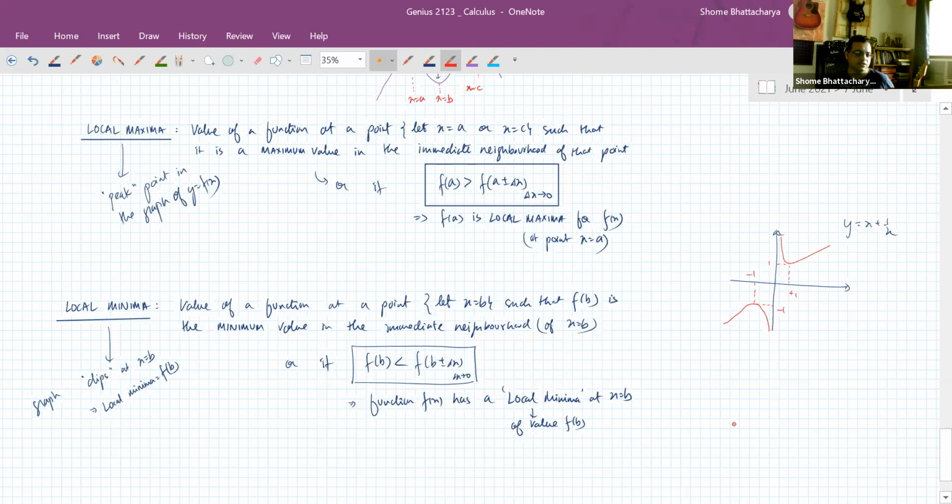And at -1, it has a local maxima of -1. Now this is the overall domain. Here I'm taking x belonging to the set of all real numbers other than 0. But if I take a restricted domain, then you will see something very interesting. But in any case, you can see that here, this is the local minima. The local minima has the value +1, and the local maxima has the value -1.